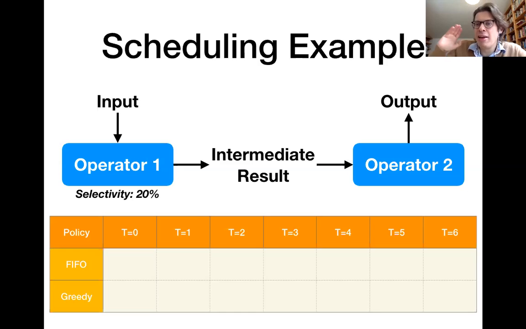Perhaps it is directly forwarded to the user or to a different system. So I care mostly about minimizing the sizes of the input and of the intermediate result queue. Now at the beginning, those queues are empty, and in the following, I assume that we have one new tuple batch in each time step arriving in this input queue.